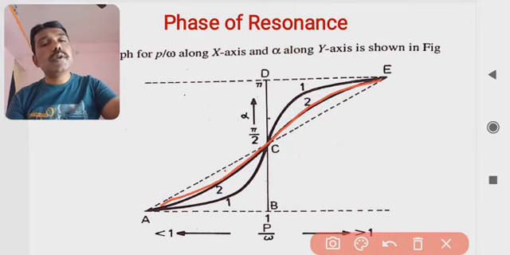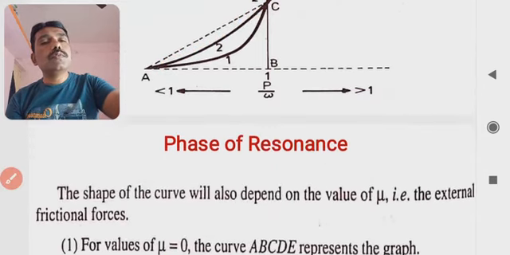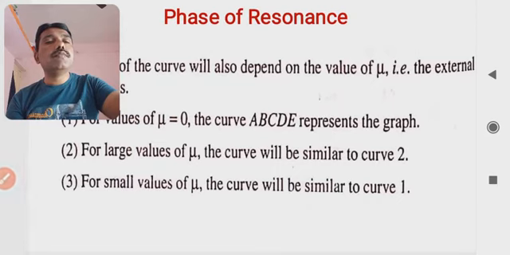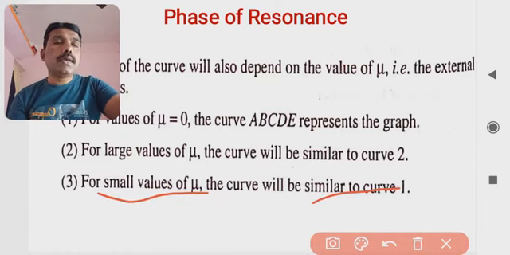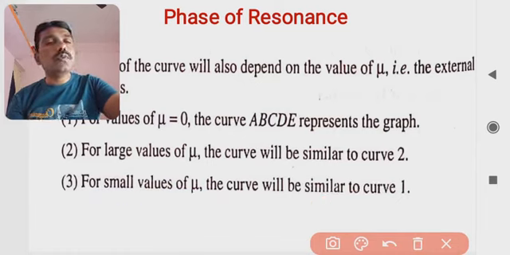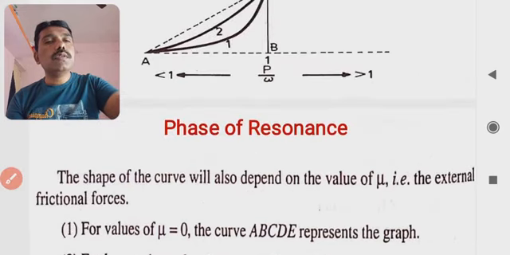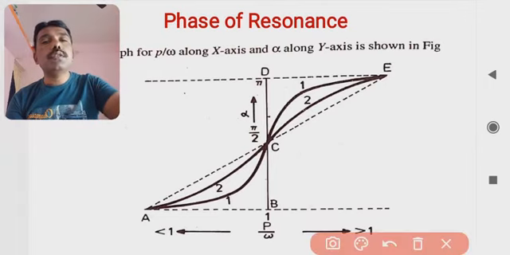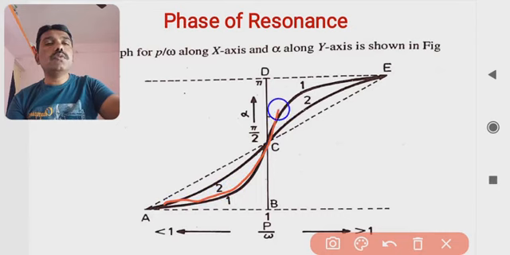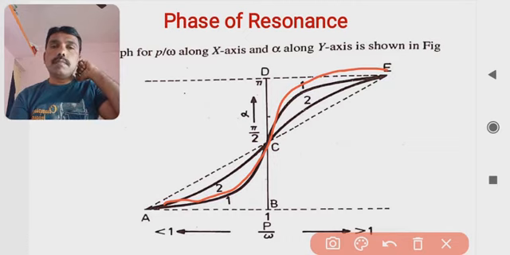And if the values are smaller, see what happens. When the value of mu is smaller, the curve will be curve 1. That means for smaller values of mu, there is a frictional force, damping is there, but it is very small. So in that case, the curve will be seen like this one. When mu is smaller, this peak is a little bit deeper, or the maximum is there.